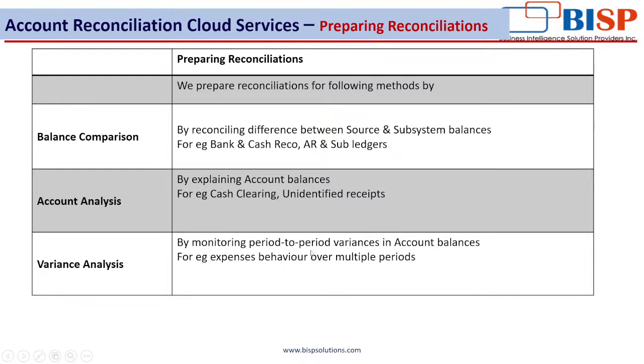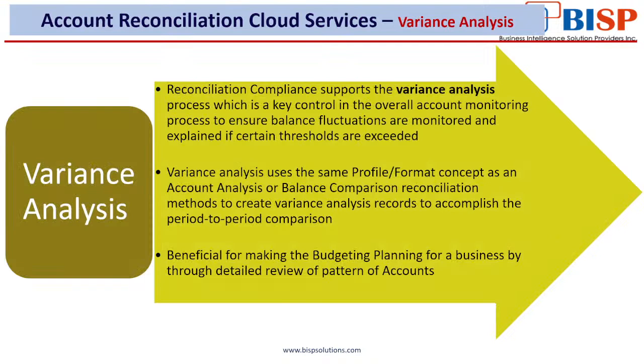It monitors period to period variations in account balances. It basically compares the balances of two periods, and to compare that we use the variance analysis method. Reconciliation compliance supports the variance analysis process, which is a key control in the overall account monitoring process to ensure balance fluctuations are monitored.